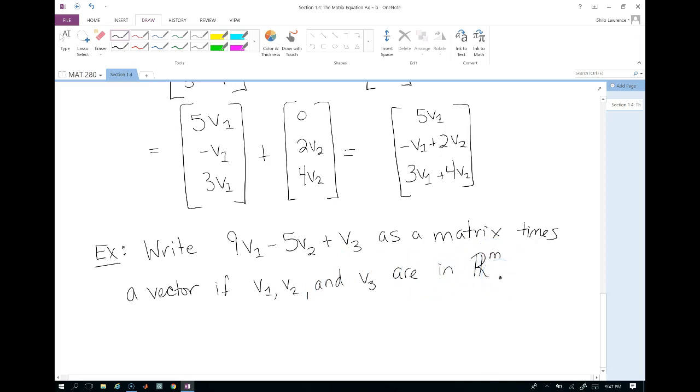Now remember what that means. That means that these guys are actually columns with m entries.